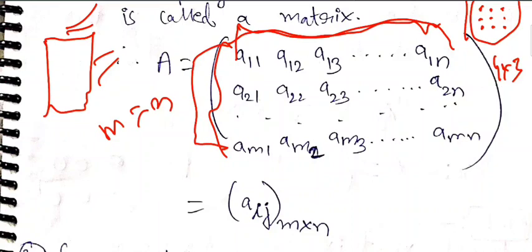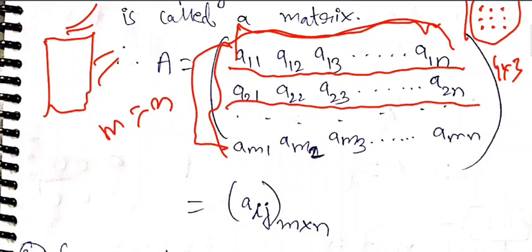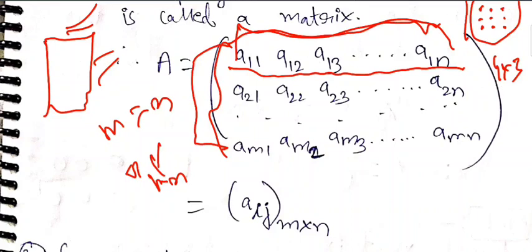And I had already told you that in all these elements which are there in the horizontal rows, the subscript remains as it is. So the initial subscript, the M subscript, okay? If I say Aij, M N, the initial subscript is i and the second subscript is j.